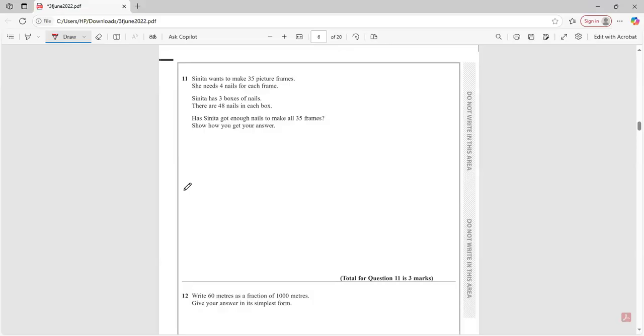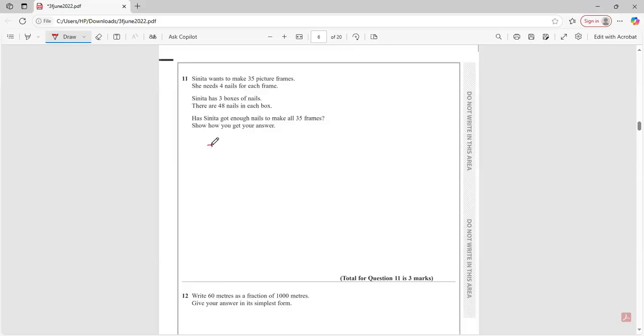Show how you get your answer. So how will this play out? Let's see the first thing that we have: 35 picture frames, 4 nails for each frame.